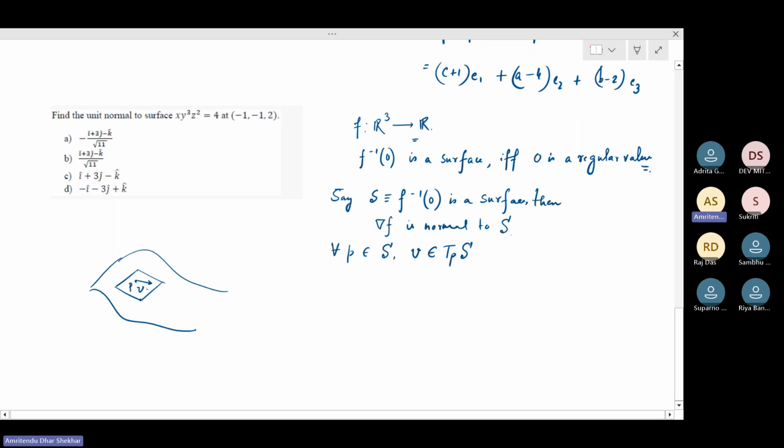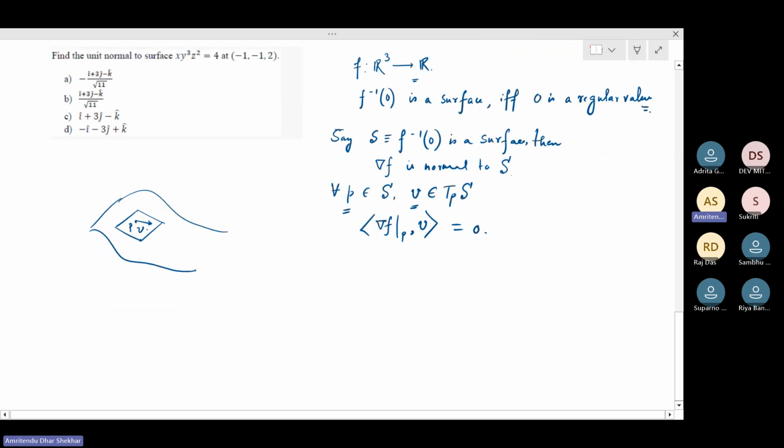So for all points P in S and for all vectors v in the tangent plane of S, this grad of f at the particular point P is going to be normal to v, which means that if you take the dot product or the inner product, this is equal to 0. Okay. So grad of f is always normal to the surface. It is a unit normal if it is also a unit vector.